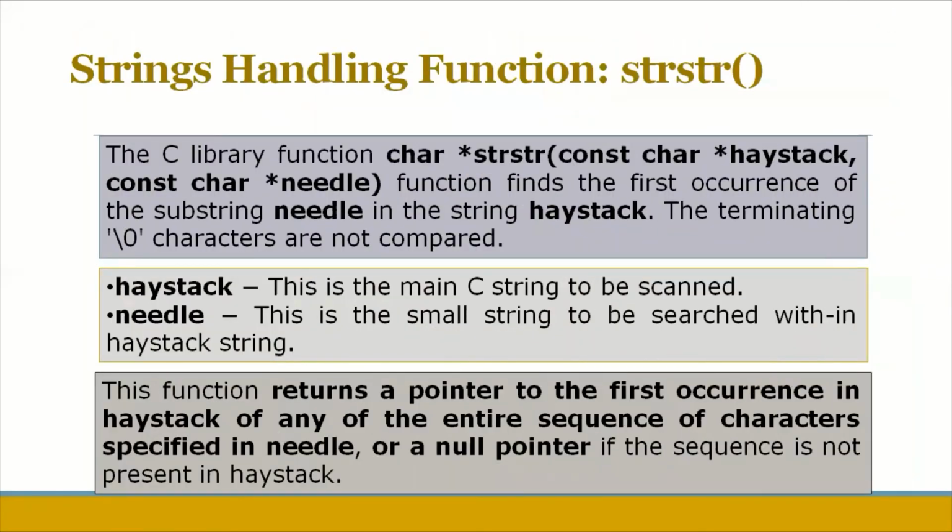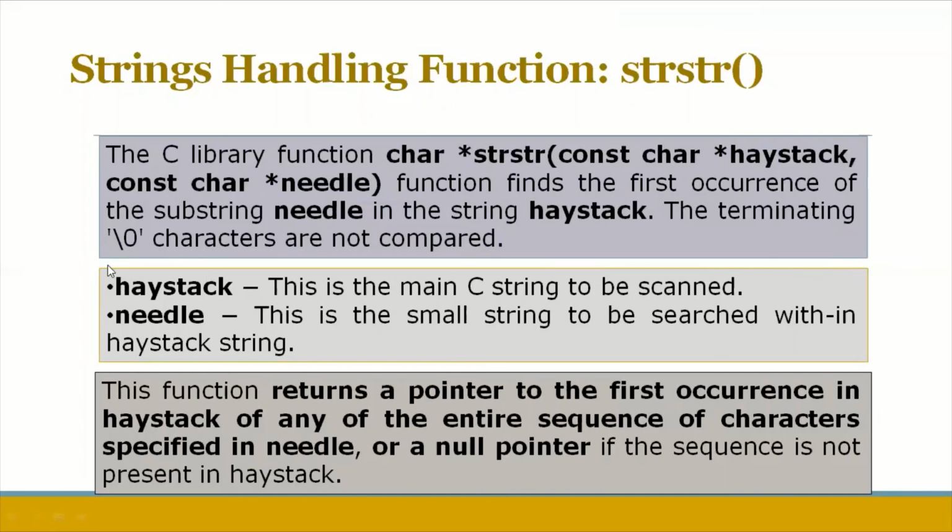The next one is strstr, which is used to check whether the given substring, the needle, is present in the main string, the haystack. This needle will be checked within the haystack. If it is present in the main string, it will return the position of the first occurrence of that particular substring, that address in the main string. If it is not there, it will return null.